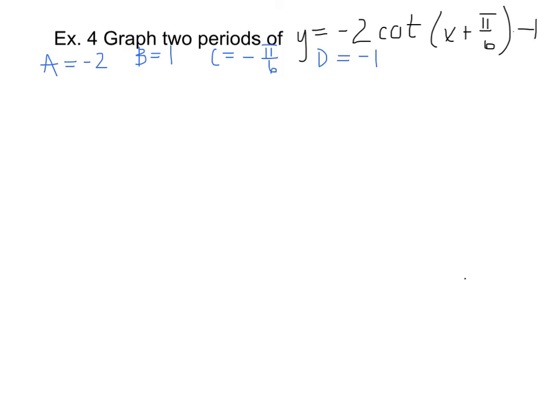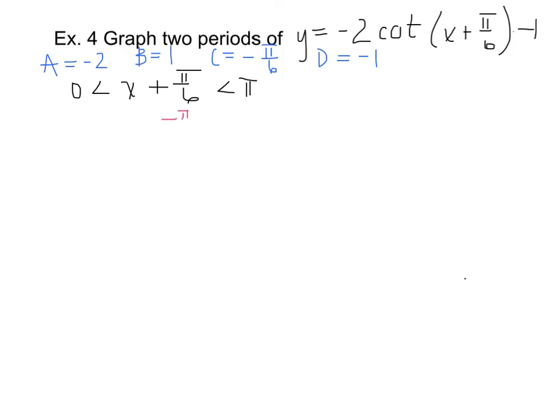So the first thing you want to do is find your vertical asymptotes. Think about where cotangent is undefined, and that's in between 0 and pi. So you're going to take bx minus c, minus a negative makes it plus. And you're going to solve for x.